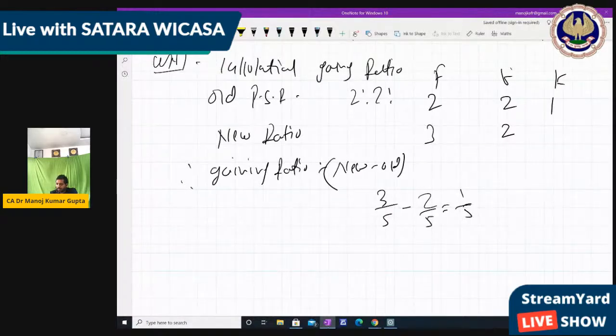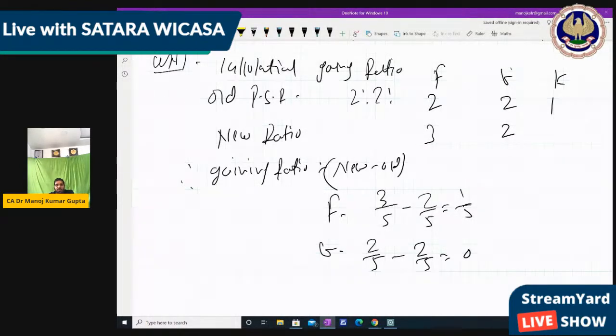And for G, 2/5 minus 2/5, 0. That means only F is gaining. For K's share, G remains the same as before retiring as well as after retiring, right? So G will remain the same. We have to use F only. Is it clear? So now F is 1/5.